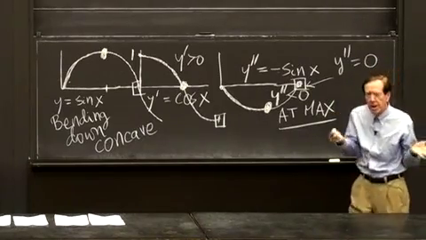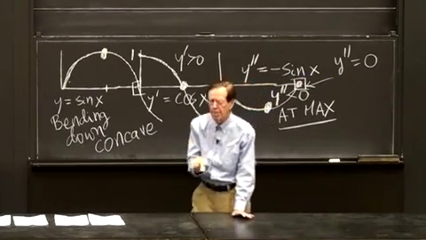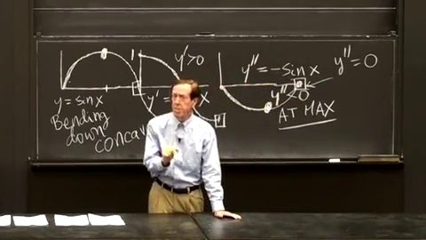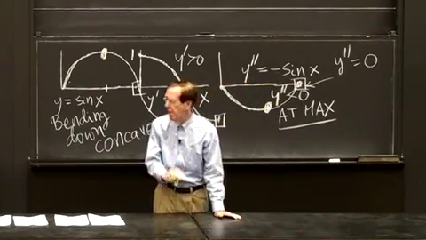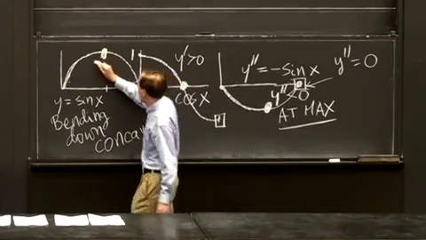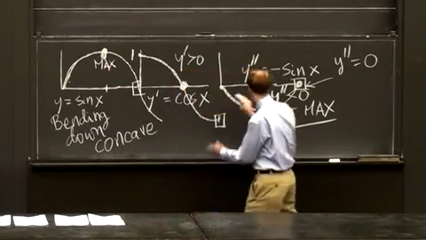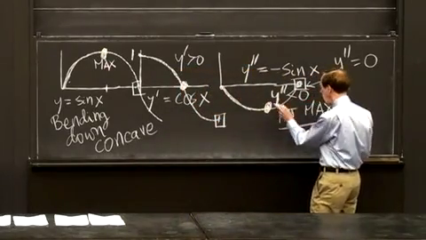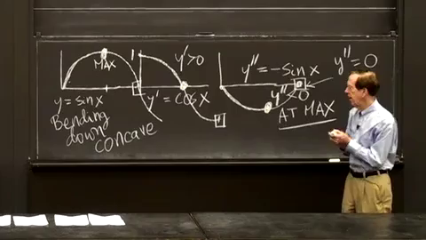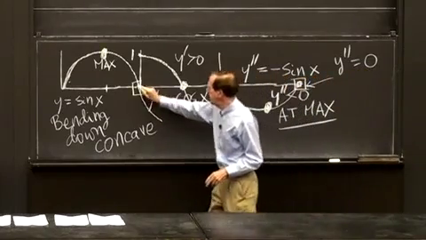Well, that's my new little observation. Not as big a deal as maximum or minimum. This was a max here, and we identified it as a max because the second derivative was negative. Now I'm interested in this point.